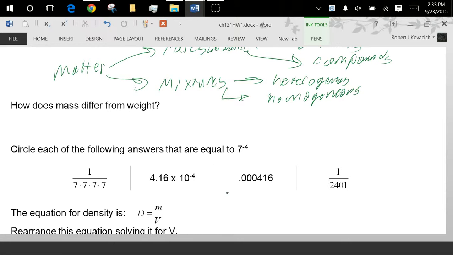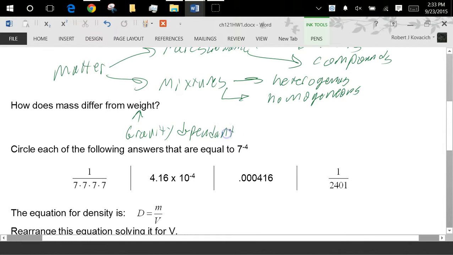Weight is gravity pulling down on mass. Okay, so this one is gravity dependent. The other thing you can say is it depends on position.